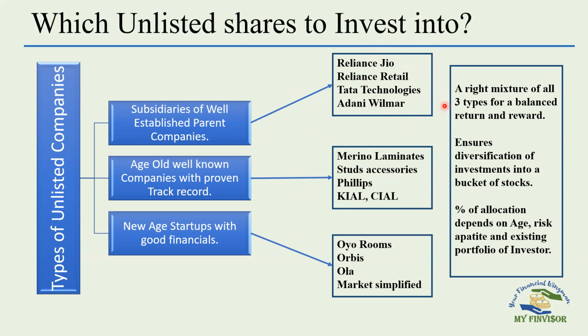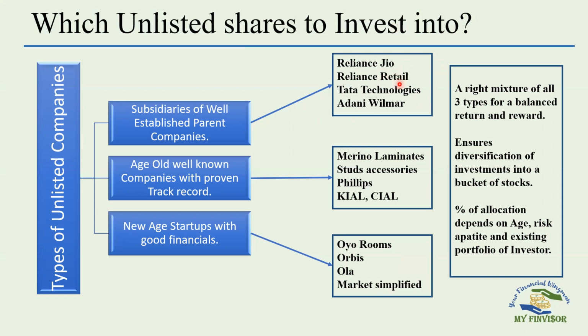So some part of your portfolio should run behind the reward, and some part of the portfolio should actually protect your capital. So what percentage of this, you will have to calculate based on one's psychology of handling money. Also there is the age factor, and the risk appetite. Basically what is the investor's risk appetite, that you will have to understand, and then put the allocation. So it can be 10% into this and 60% into this.